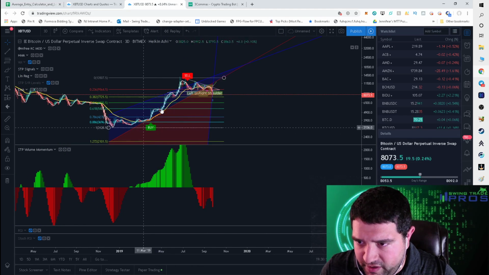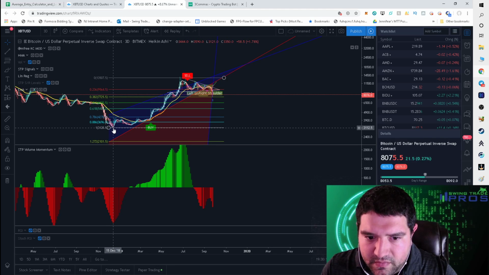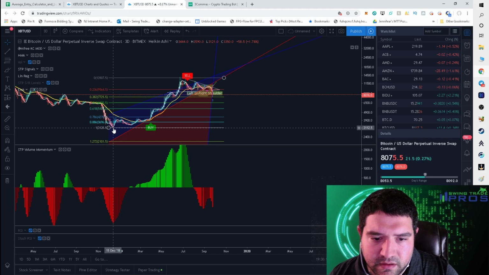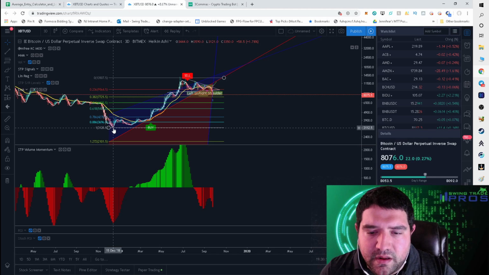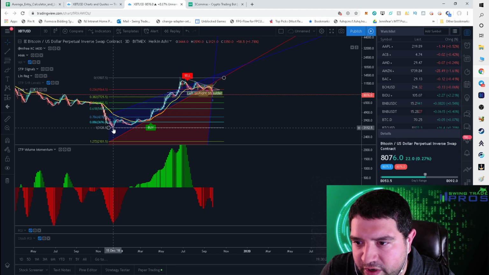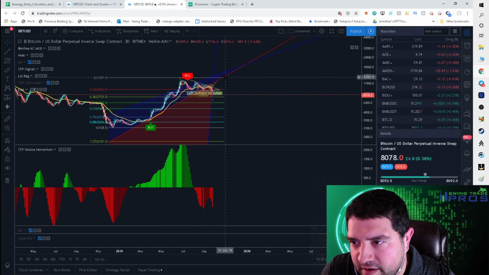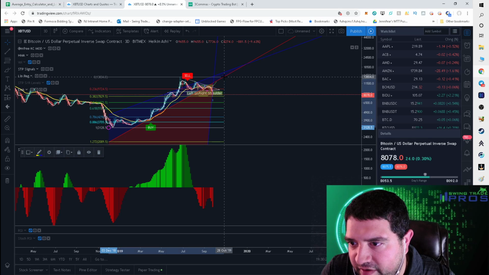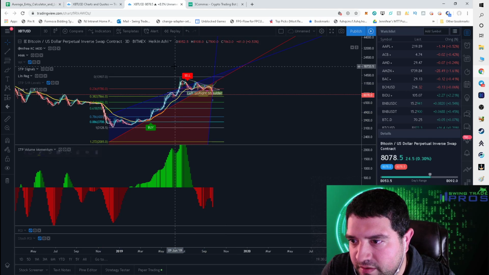When you're in an uptrend, what you want to do is fib from your absolute most swing low to your absolute most swing high to get a real estimate of where the price action is going to go.